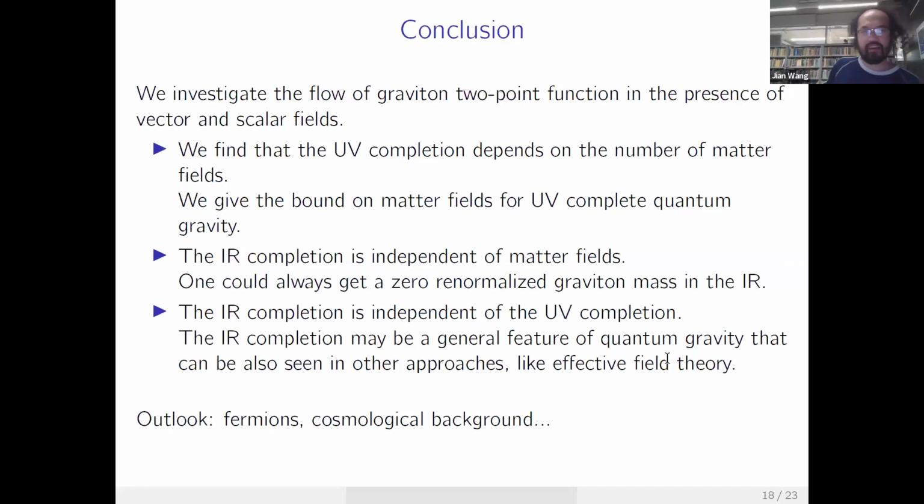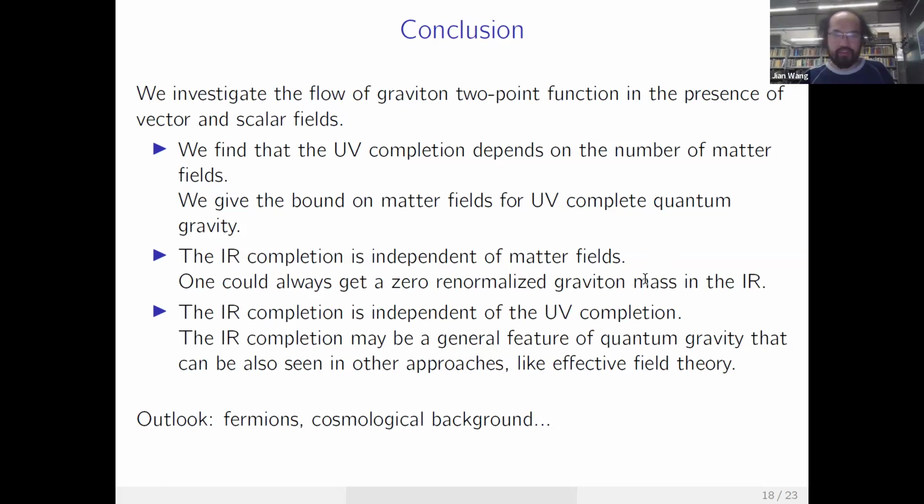Okay, finally, let me conclude my talk with an outlook for future research. In this talk, we investigated the flow of graviton two-point functions for the gravity-matter system with abelian gauge fields and scalar fields. As our first result, we found that the UV completion of the graviton two-point function depends on the number of matter fields, and we give the bounds on the matter fields for UV complete quantum gravity.